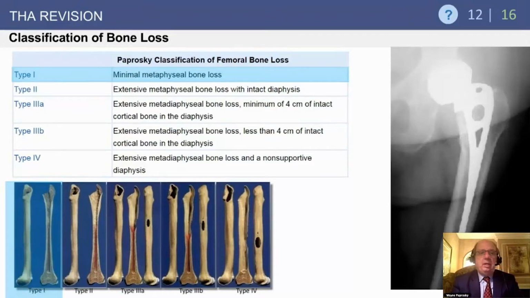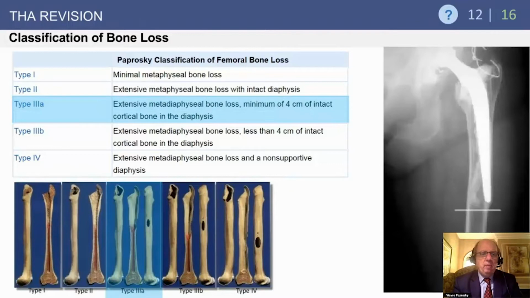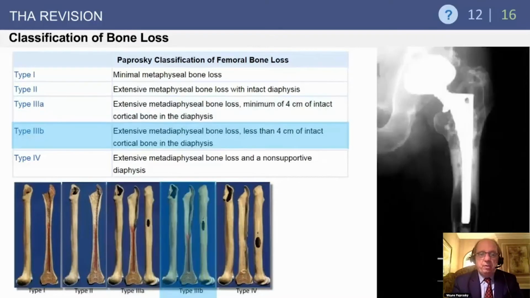So when we look at a type 1 here, no metaphyseal bone loss whatsoever. A type 2, diaphysis spared, but bone loss in the metaphysis. A 3A, metaphysis is extensively involved, but as you look at those 2 horizontal lines, greater than 4 centimeters of isthmus.